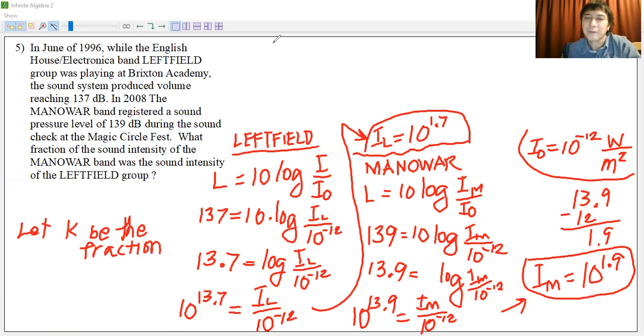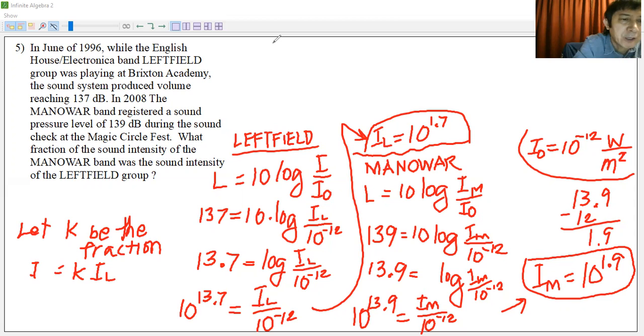All right, so we shall relate this K times the larger, the Manowar band, and that will be for IL. K times IL is equal to... we have the larger, which is the Manowar band, so the smaller is the IL.